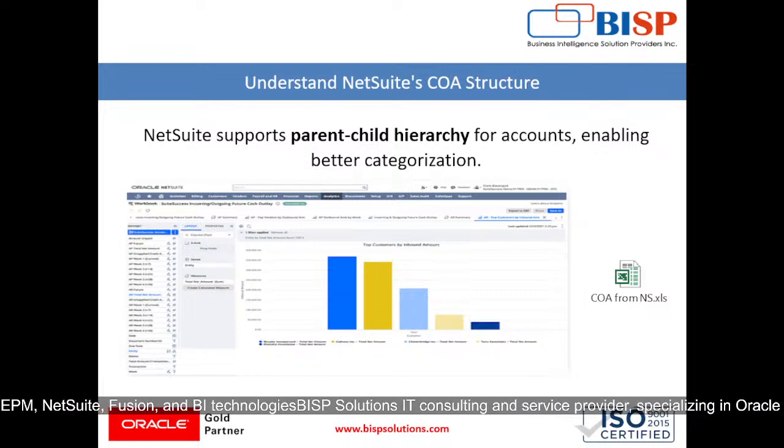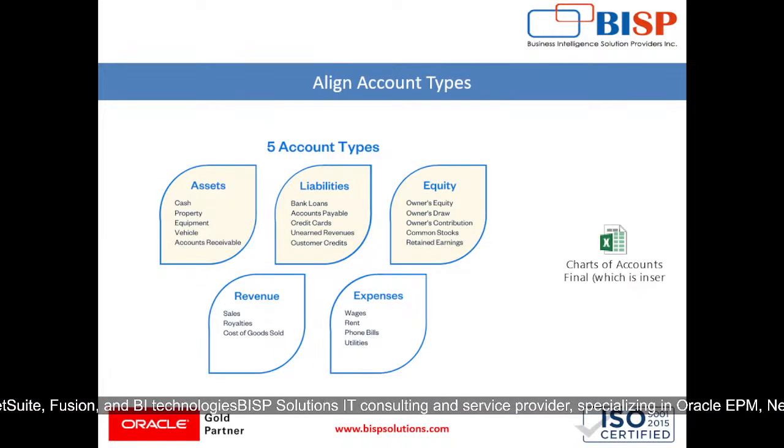Suppose there are 5 account types: assets, liabilities, equity, revenue, and expenses. If we are categorizing, let's suppose we take expenses, so we mention the heading as miscellaneous expenses. This is the parent.